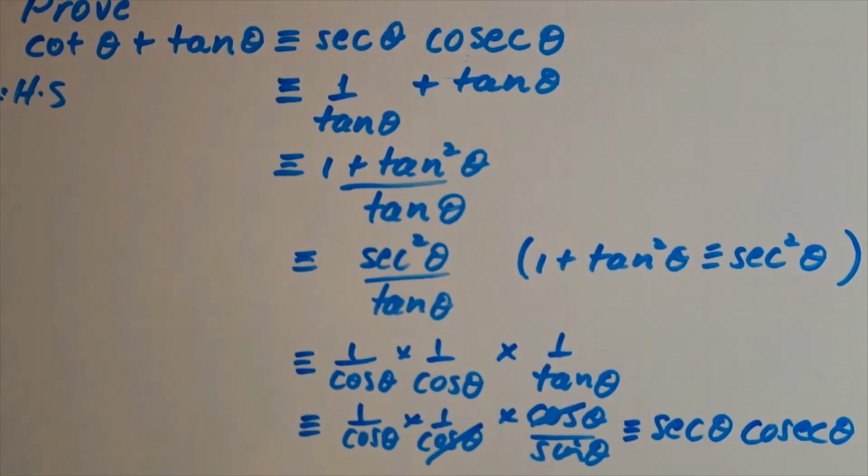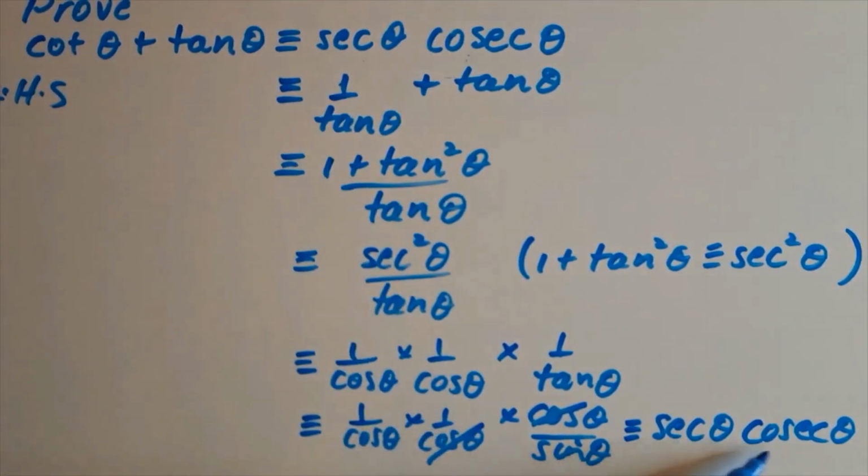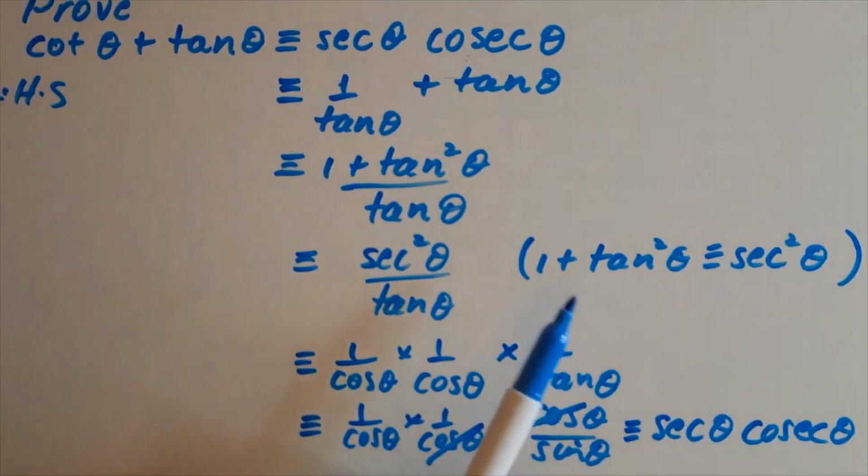So in this proof, we proved that the left-hand side, cot theta and tan theta, is identical to the right-hand side here by ending up with sec theta, cosec theta, using the identity 1 add tan squared theta is identical to sec squared theta.